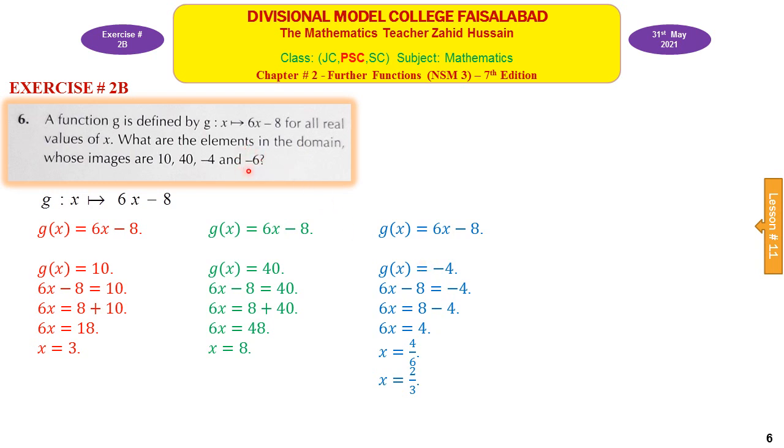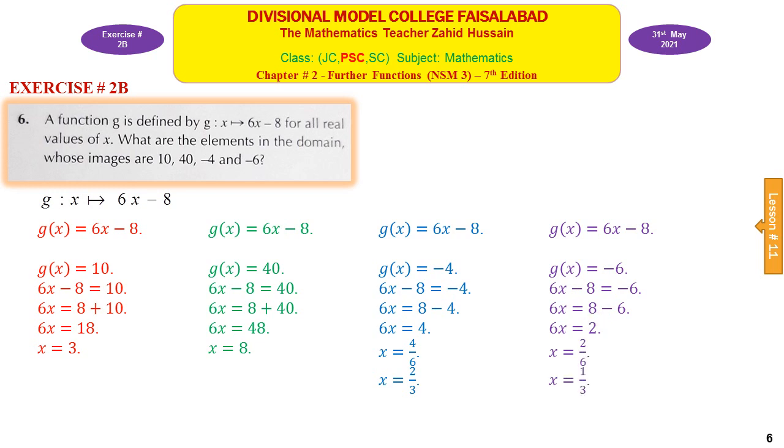Similarly, when we get minus 6 out of this function, you are asked to find the value of x. So put 6x minus 8 equal to minus 6. Solve it for x. Plus 8 minus 6. 6x is equal to 2.